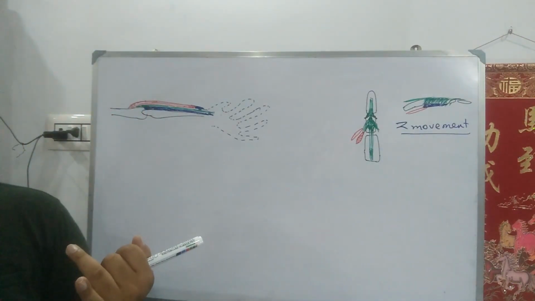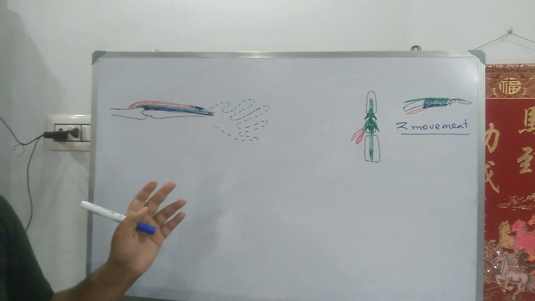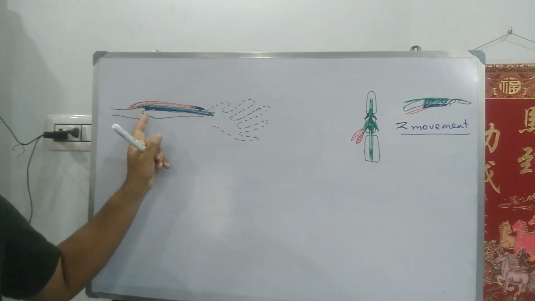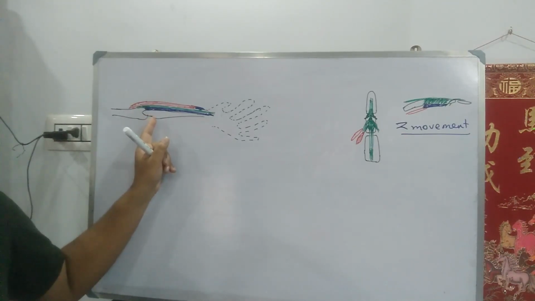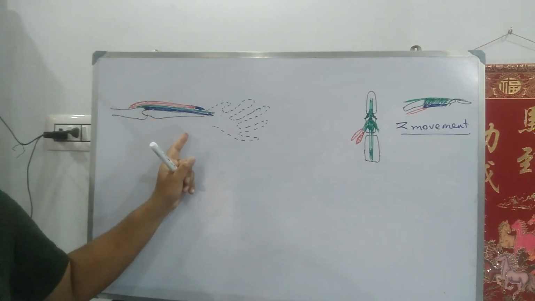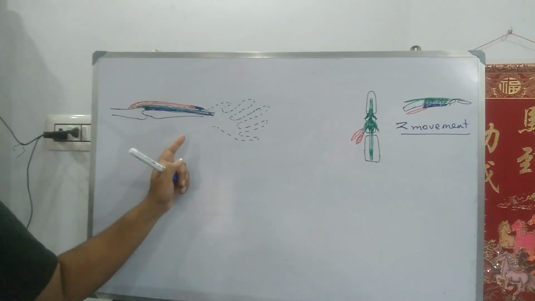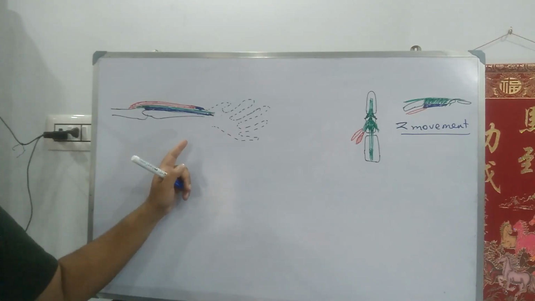So where does extensor digiti minimi move from? It moves from the same position, the common extensor origin, to the extensor expansion of the digit. You call it the extensor expansion of which digit? Fourth? It is minimi, isn't it?